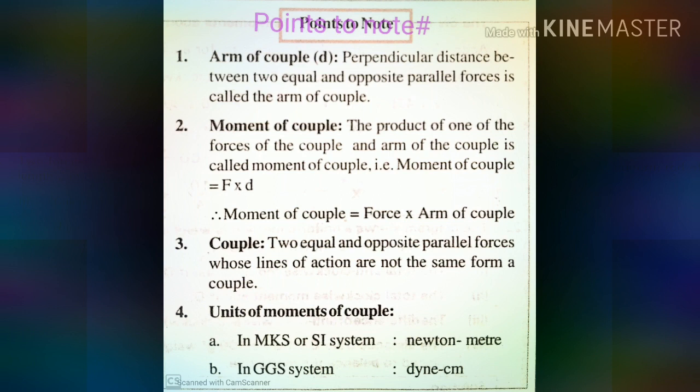Moment of couple is equal to force into arm of couple. Third, couple: two equal and opposite parallel forces whose lines of action are not the same form a couple. What are the units of moment of couple? In SI system it is Newton meter. In CGS system it is dyne centimeter. Please remember the key points.